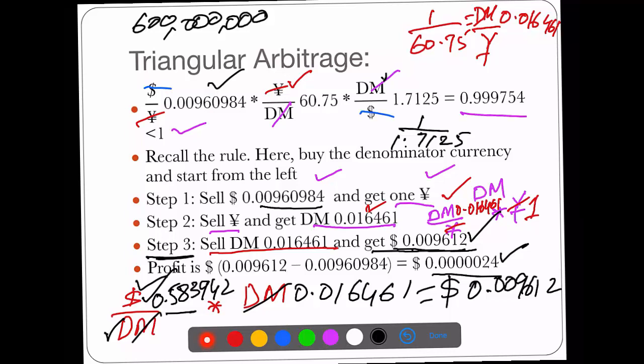While doing this, always remember this thing, that consider which currency you have in hand. Over here, if the question is that you have $600 million, this is fine. Buy the denominator currency and start from the left, like what we are doing over here, right? So we are buying the yen with the dollars, because you had dollars over here.